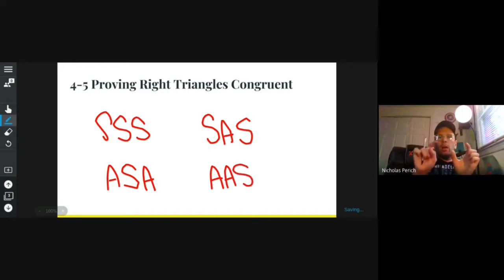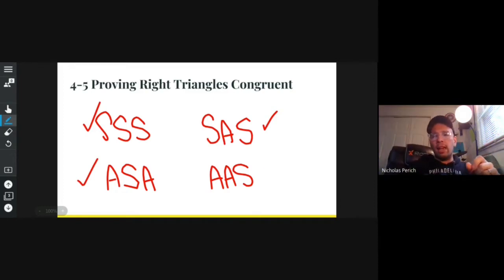That side, that side, that side is the same as that side, that side, that side, SSS. That side and the angle in between that side is the same as that side and the angle in between that side. That's SAS. That angle has a side and then another angle, and that's the same as that one, ASA. That angle over there and that angle over there, and that side not in between is AAS.